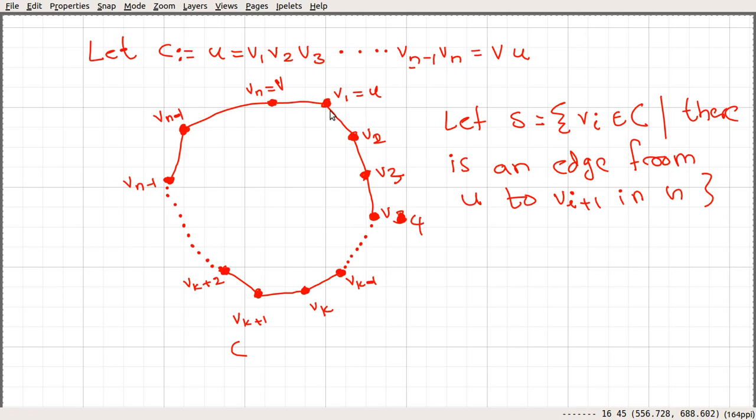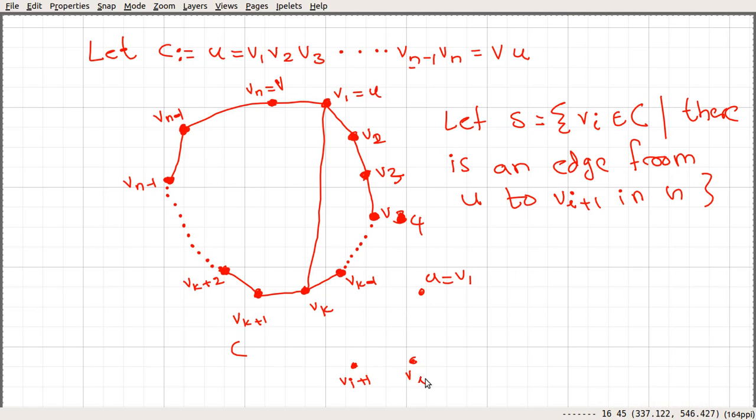For example, if there is an edge from v1, which is u, to vk, then vk minus 1 will be an element of S. Similarly, if there is an edge between v1 and vk plus 2, then vk plus 1 belongs to S. It goes something like this: you have this cycle, and suppose this is our vertex u, which is equal to v1, and suppose there is an edge in C from vi to vi plus 1.